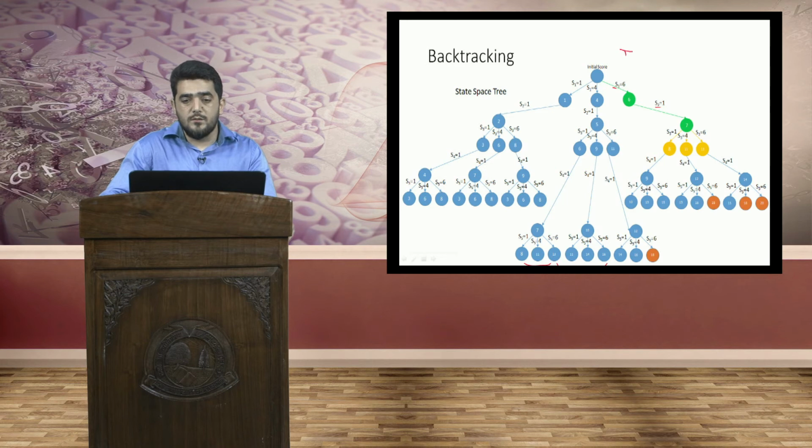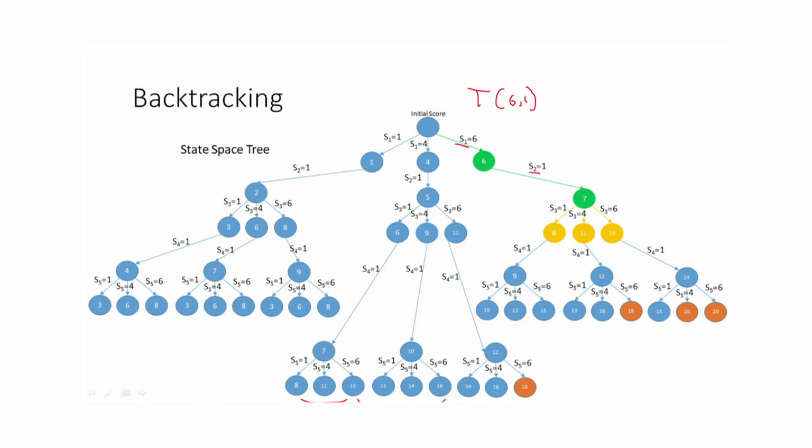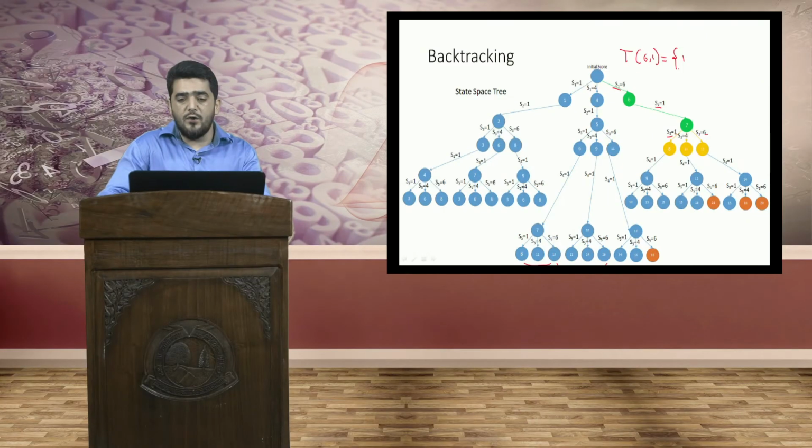Based on the previous statement, T of 6 comma 1 is simply the set, where we are considering i to be equal to 2 here, and Si plus 1 is S3. The possibilities for S3 are 1, 4 and 6. So T of 6 comma 1 is equal to 1, 4 and 6.